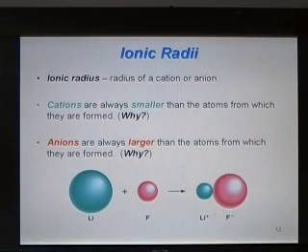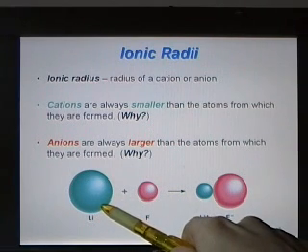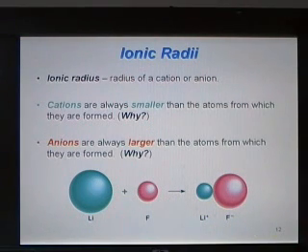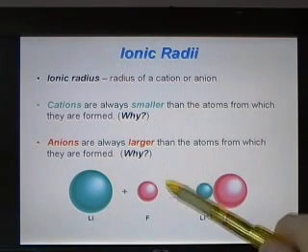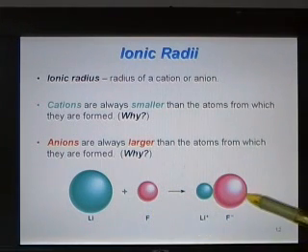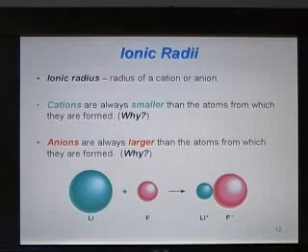Now, what you'll notice by looking at this example is that lithium atom is large, but lithium 1 plus cation is small. Fluorine atom is small, but fluorine 1 minus is larger. This is always true.